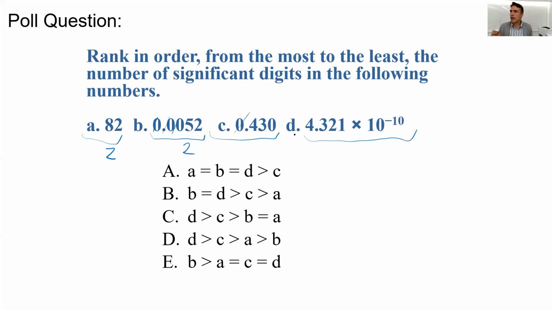The only reason you would have done that is if it was significant. So this is now 3. Does that make sense? You don't have a choice for that first 0, but you did have a choice for the last 0. And since you chose to write it down, you must have measured it, I guess. And this one just has 4. So it's going to be D is greater than C, and then greater than A and B, which are equal. So I like that a lot. Excellent.